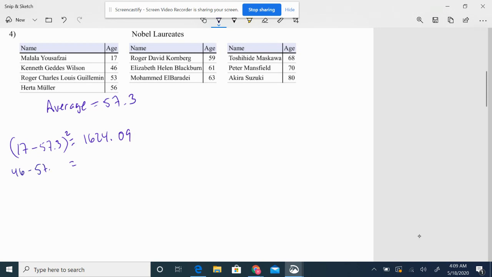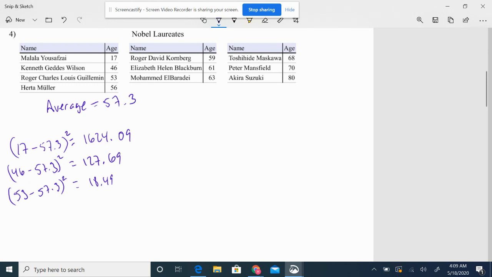For my second number, I'm going to go 46 minus 57.3. That gives me negative 11.3. Square it, and I have 127.69. For my third number, I'm going to go 53 minus the average. That gives me negative 4.3. Square it, so I have 18.49.